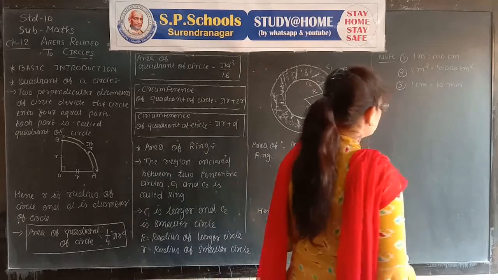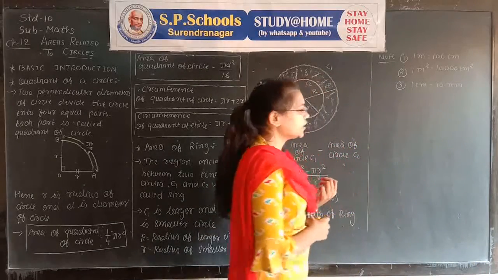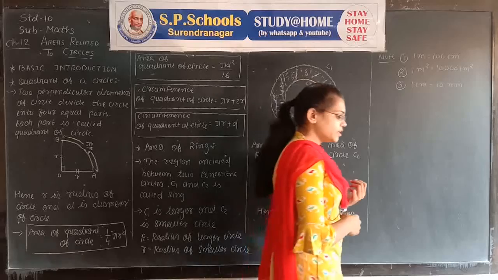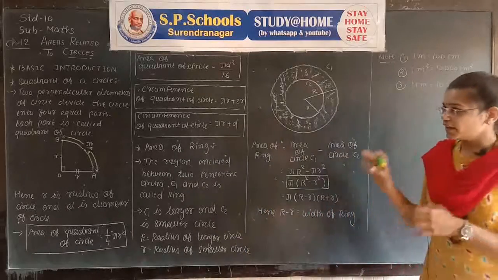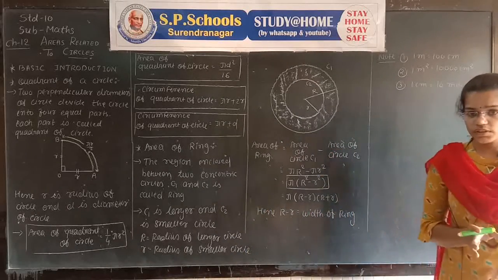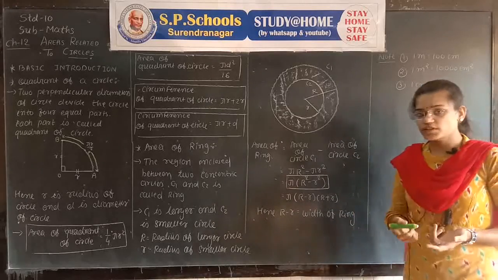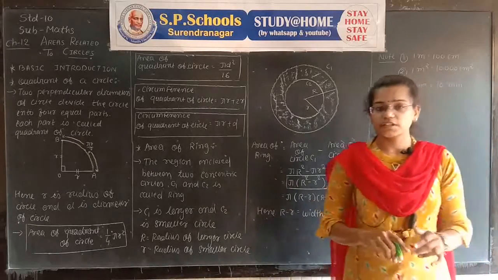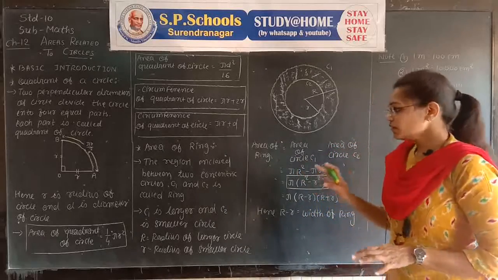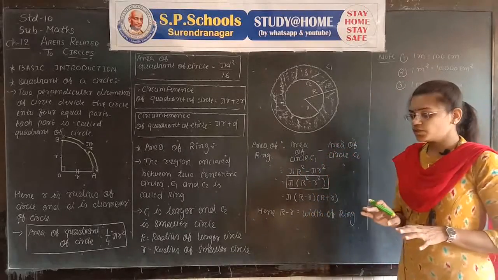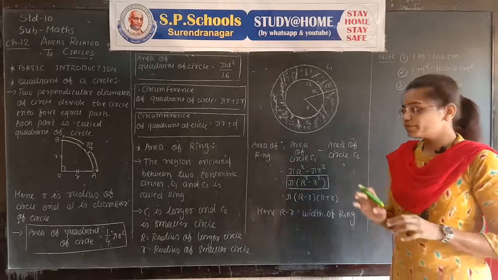It is the relation between meter and centimeter. As we know, these are areas related to the circle, so the unit is square centimeter, centimeter square, square meter, meter square. Here the basic theory concept is completed.